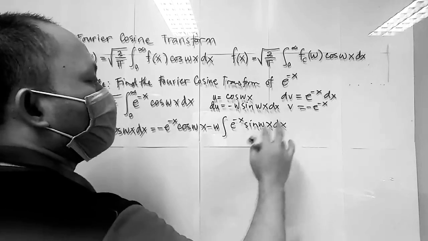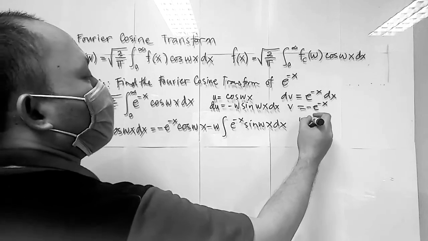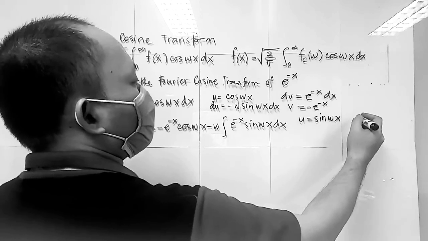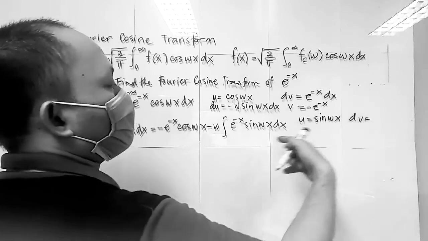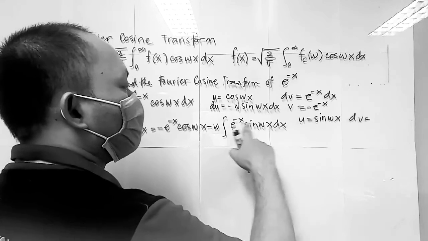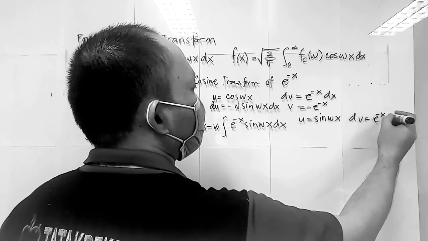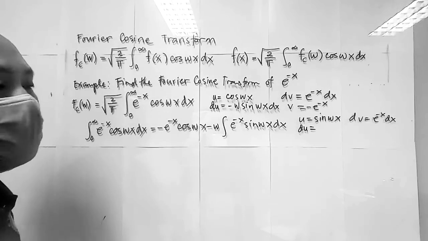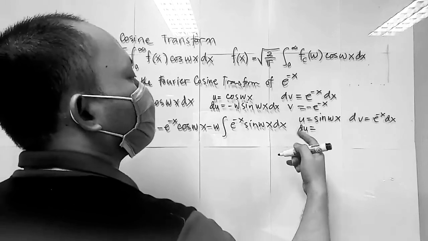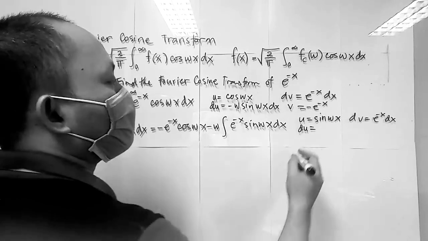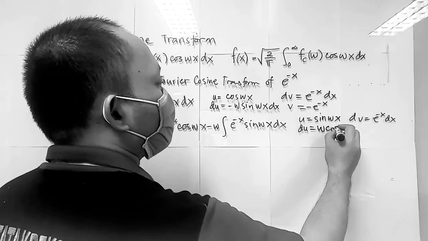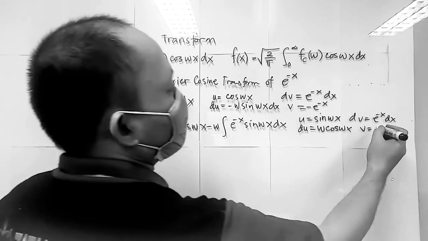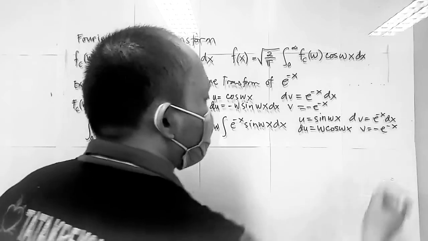So again, we will make use of u, which in this case is sine wx, and our dv is equivalent to e negative x dx. So our du, the derivative of sine, equals cosine, so we have w cosine of wx, and our v is the integral of e negative x, that is negative e negative x.